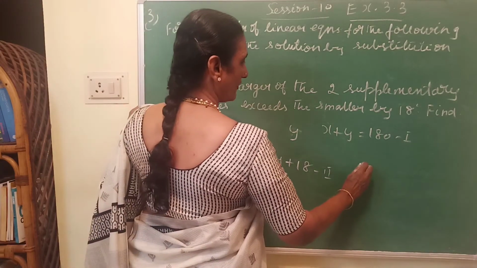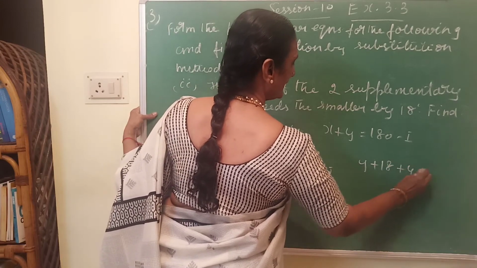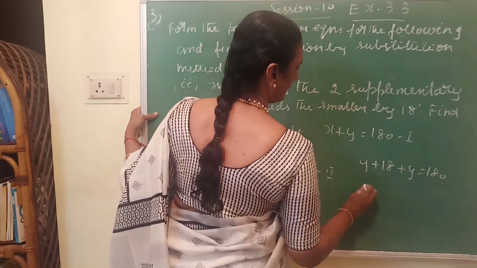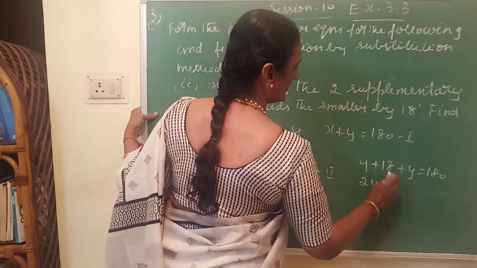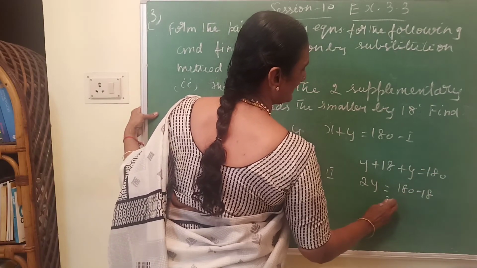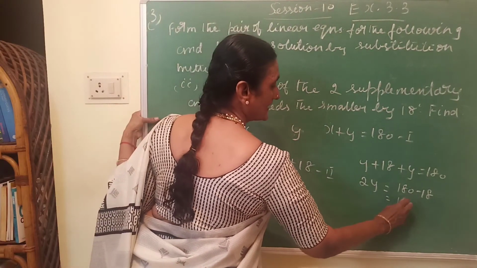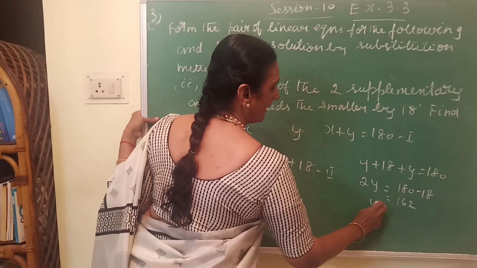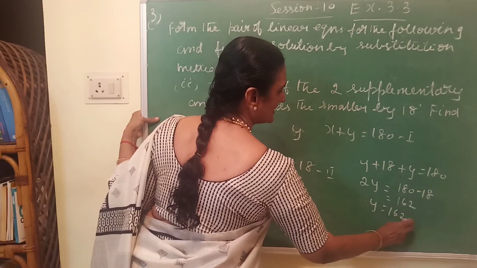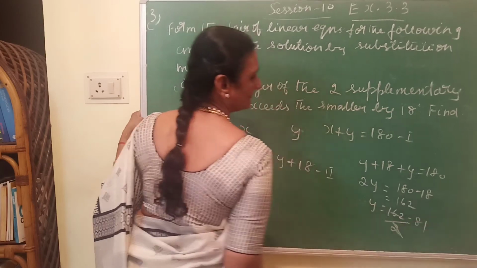Here I will substitute: y plus 18 plus y gives you 180. Therefore, 2y is equal to 180 minus 18, as 18 goes to the other side. Can you tell me what this value is? This is 162. Therefore, y is equal to 162 by 2, that gives you 81.